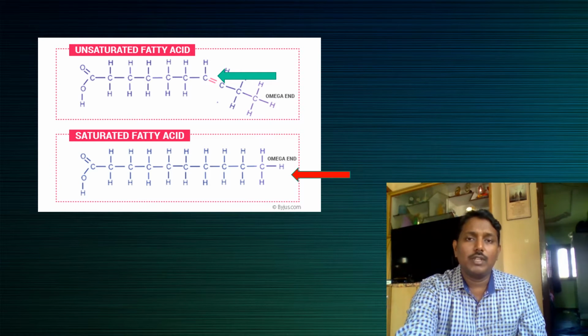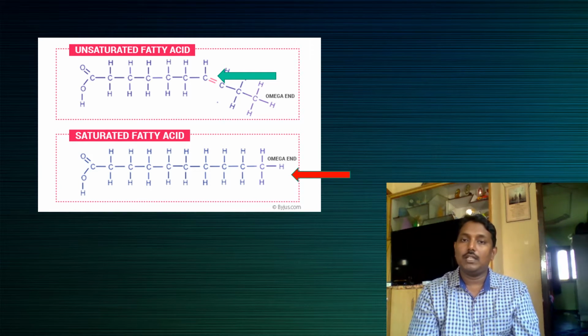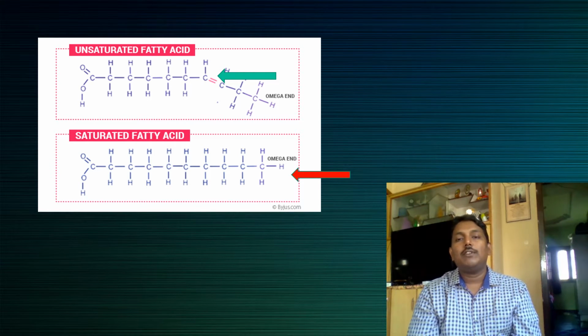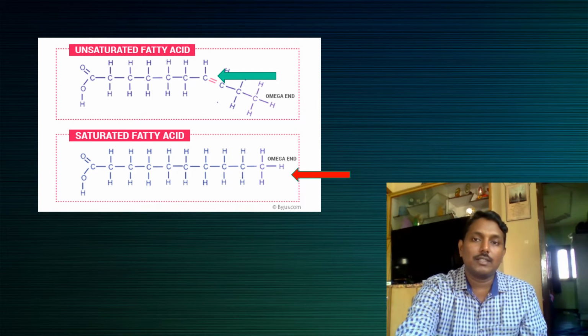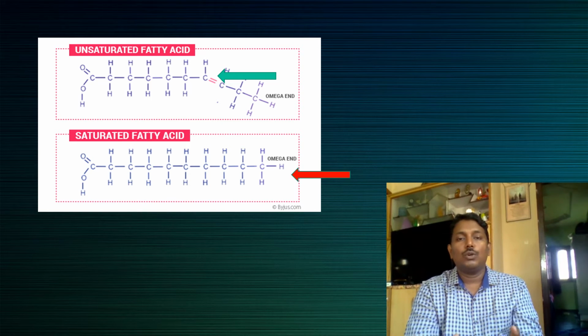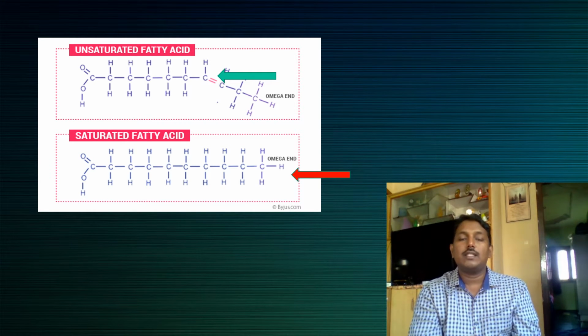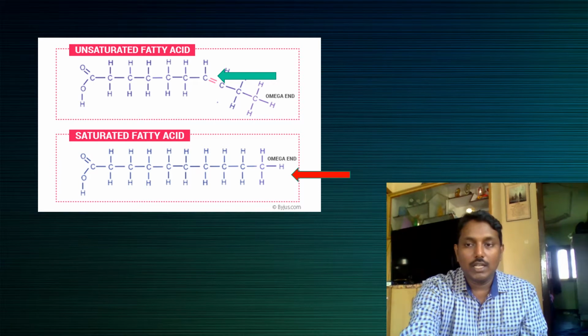Palmitic acid is one of the examples. Mainly dairy products like ghee, yogurt, etc. contain saturated fatty acids, and in general, plants contain unsaturated fatty acids. But certain plants like coconut and palm oil also give saturated fatty acids. In contrast to saturated fatty acids, unsaturated fatty acids reduce the risk of coronary artery disease.